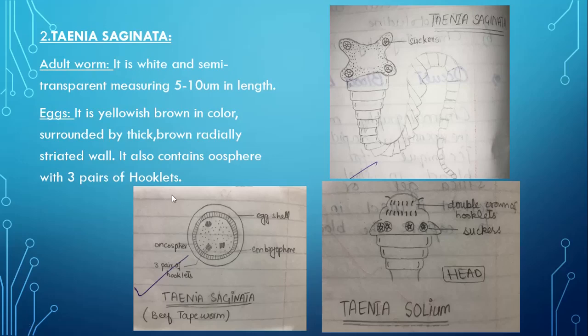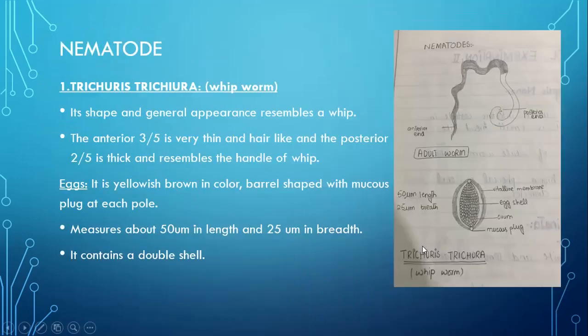This is the eggshell, and this is the oncosphere with 3 pairs of hooklets. While in Taenia solium, the head of the worm again has suckers and a double crown of hooklets. So this is the difference between the Taenia saginata worm and the Taenia solium worm.